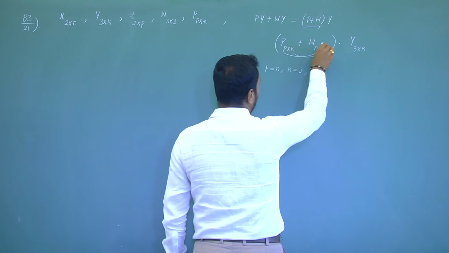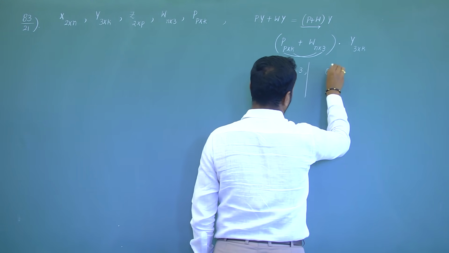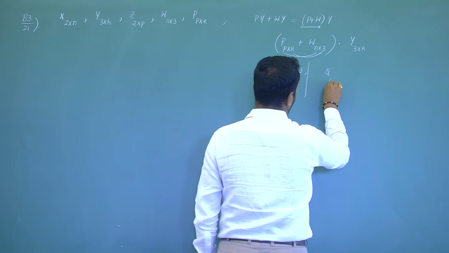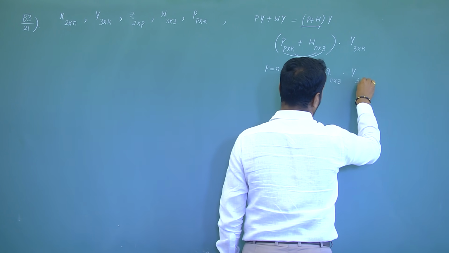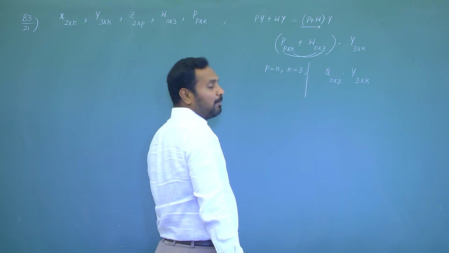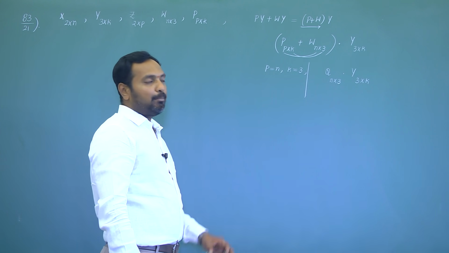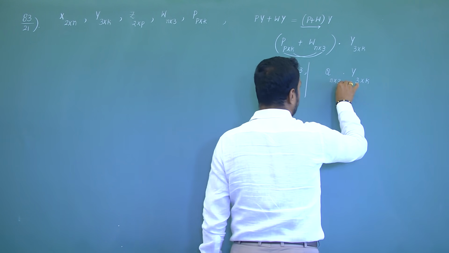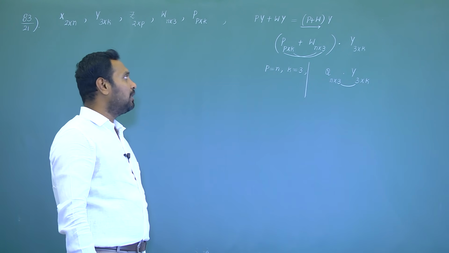Let us assume this matrix is Q. You will get N cross 3, dot capital Y, 3 cross K. Multiplication of matrices is possible when the number of columns of the first matrix is equal to the number of rows of the second matrix. 3, 3 are the same, so multiplication is also possible.